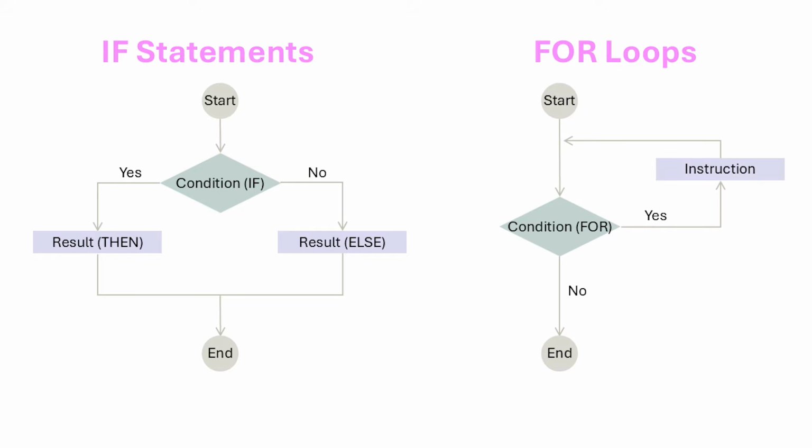And then for loops work similarly. They also work around a condition that tells us how often we want an algorithm to run a certain instruction. So, for example, 5 times we want it to add another row of trees.